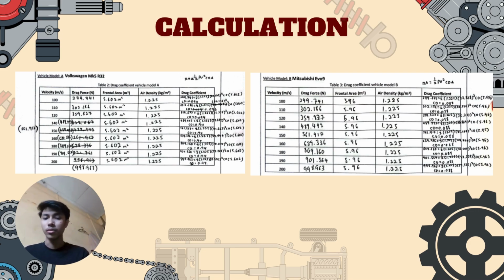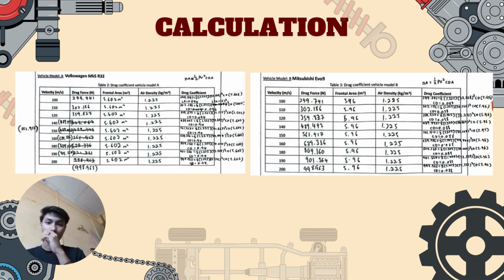Alright, this is our calculation of the drag coefficient for each vehicle, followed by the type of car. Given velocity is 100 to 200 meters per second. The drag force is given from the data, so we just take the data and put it into the drag force.